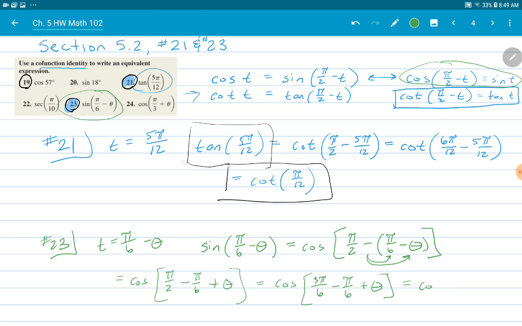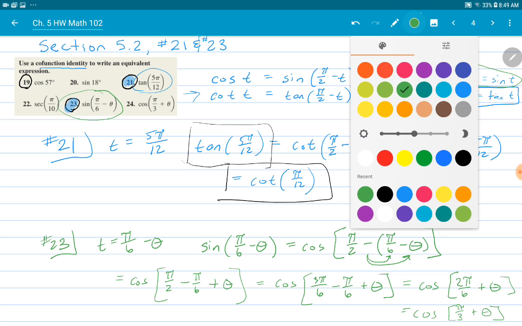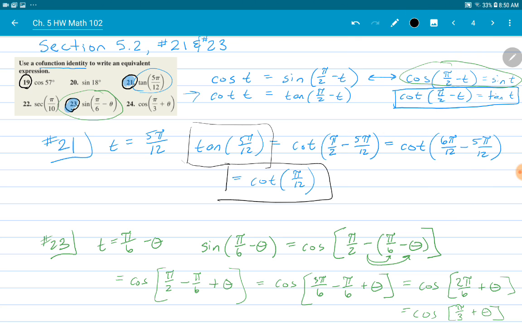So that gives me cosine of 3 pi over 6 minus pi over 6, which is 2 pi over 6, plus theta, which equals cosine of pi over 3 plus theta, just reducing my fraction. And that's my final equivalent expression: this one is equivalent to this one.